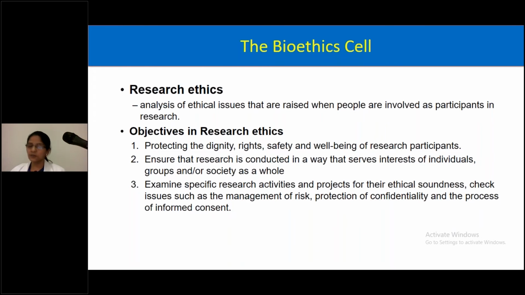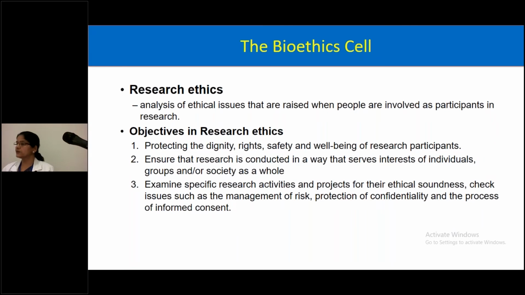Of course, the objectives are to protect the dignity, rights, and safety of the participants. So what we are trying to do in an ethics committee is safeguard the rights of the participants as well as of the researcher. And when I say researcher, it is the student and the PI. For our institute, the principal investigator is always a faculty member, right?